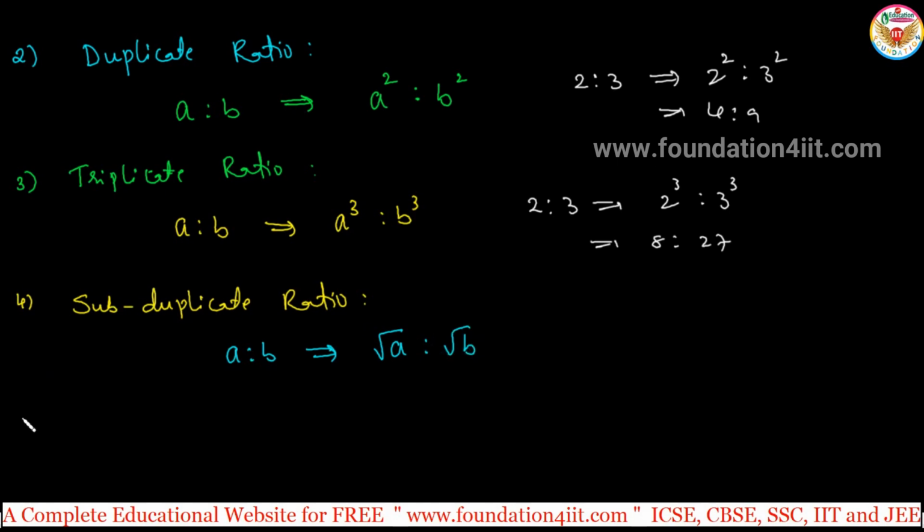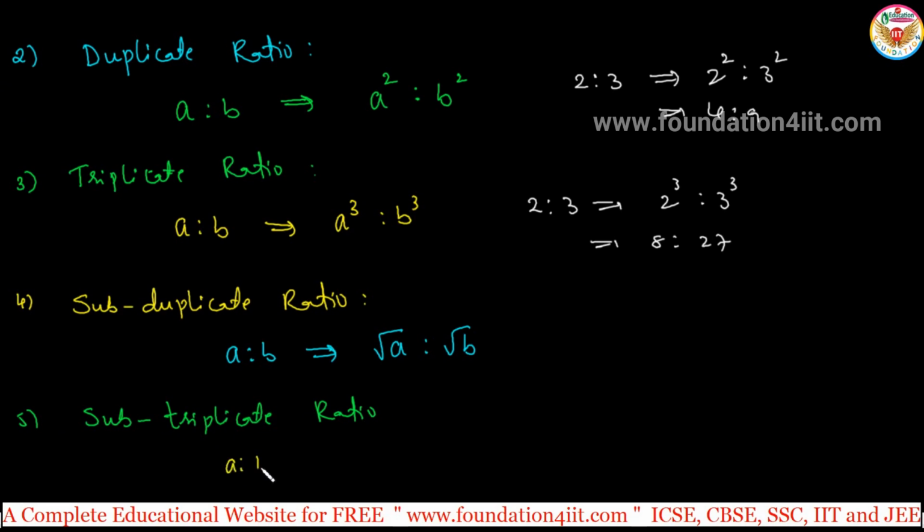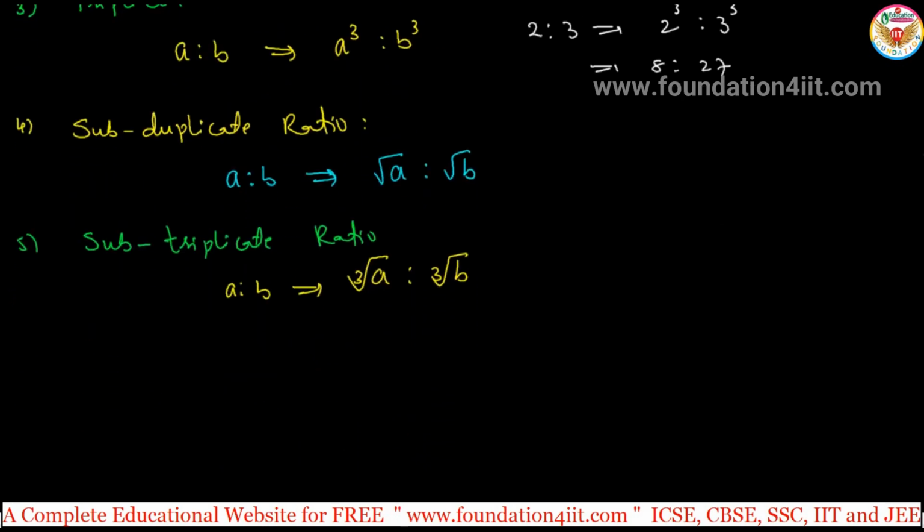And observe, the triplicate ratio we understood. Now sub triplicate. In the sub triplicate ratio, for any ratio of A is to B, it is cube root here. So cube root of A is to cube root of B. It is square and cube, square root and cube root. That's the difference between duplicate, triplicate and subduplicate, subtriplicate. Remember this.